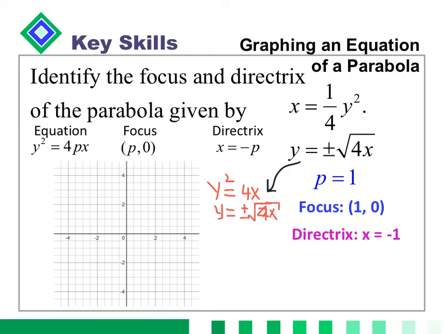Let me start by plotting the focus. The focus is right there, and the directrix is on the other side. That's the directrix over there, that line. I made it dashed, and then I just need a convenient value to put under the square root that will give good numbers.